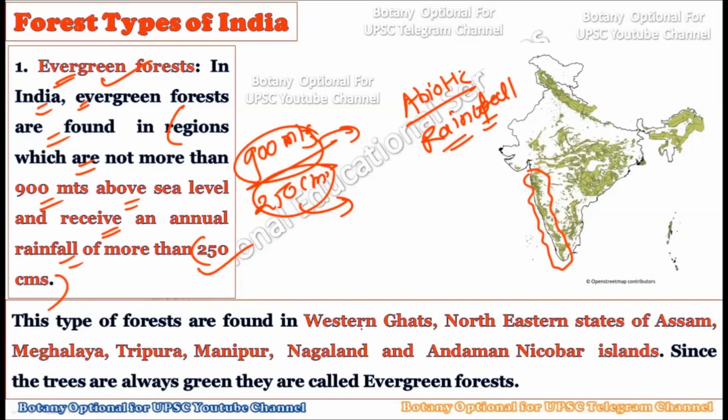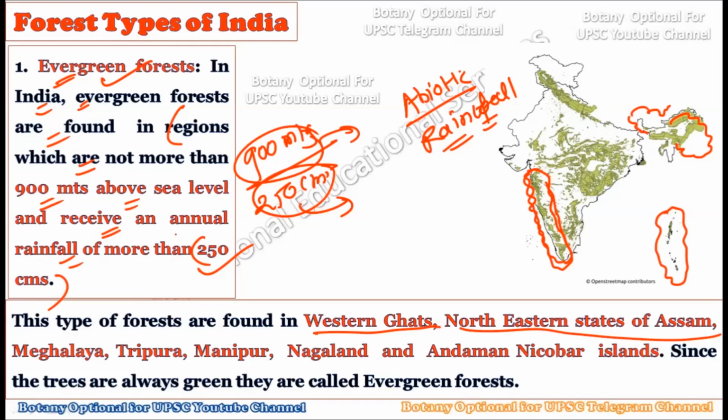This type of forest is found in the Western Ghats, which harbor the evergreen forest. Then the northeastern states of Assam, Meghalaya, Tripura, Nagaland, and the Andaman and Nicobar Islands all harbor these evergreen forests, because the right, appropriate kind of rainfall is there, and with this rainfall the plants can maintain themselves throughout the year, and they don't have to shed their leaves, and that is why they always look evergreen.